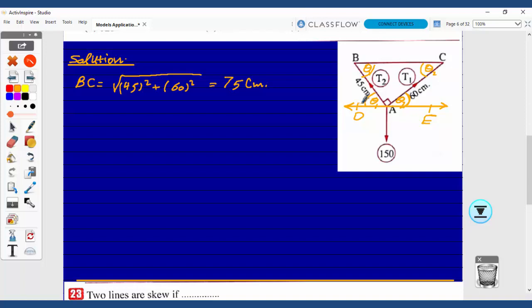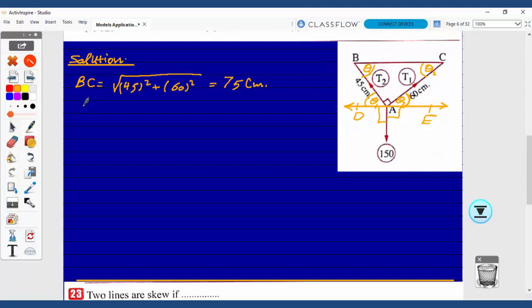Don't forget, in the question BC is horizontal, B and C are in the same horizontal line, and DE also is horizontal, so it's perpendicular to the line of action of the weight. So the measure of this angle equals 90, and this angle also equals 90 degrees.